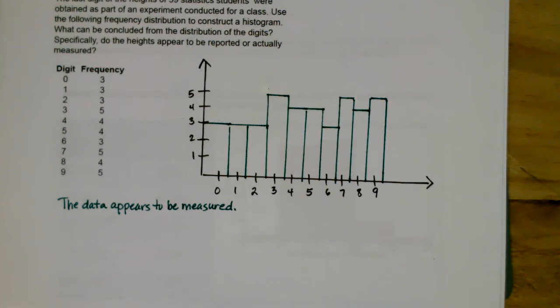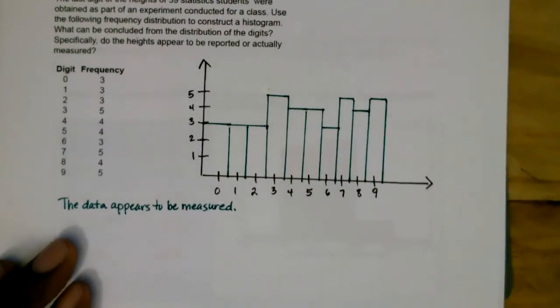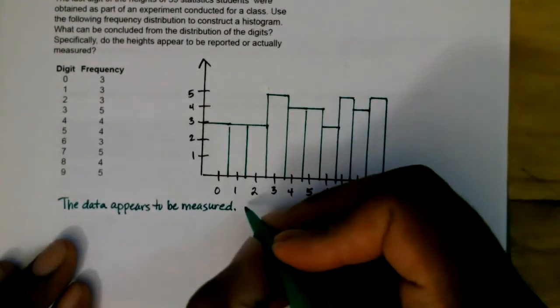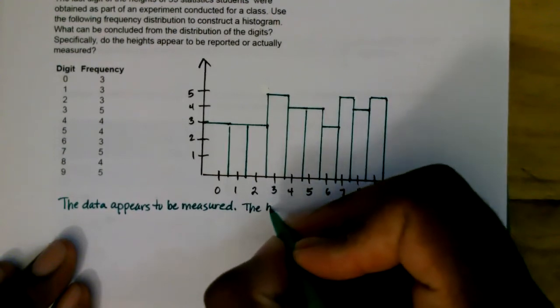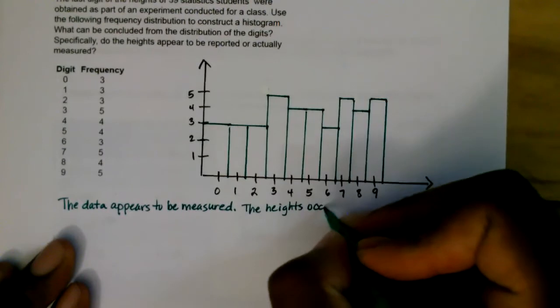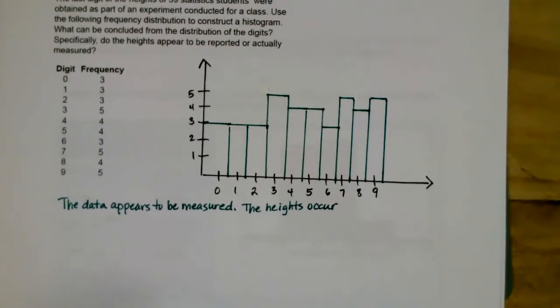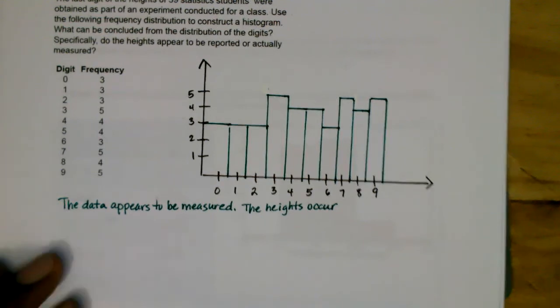In this case, as we say, the data does appear to be measured, and the heights occur with roughly the same frequency, as you can see with most of these.